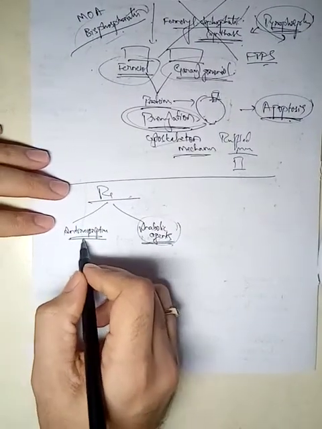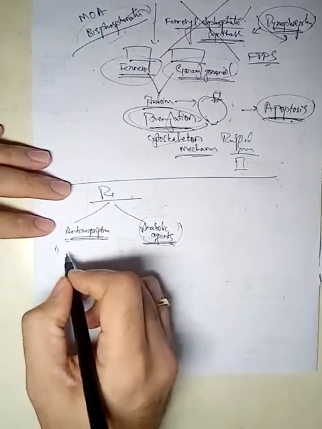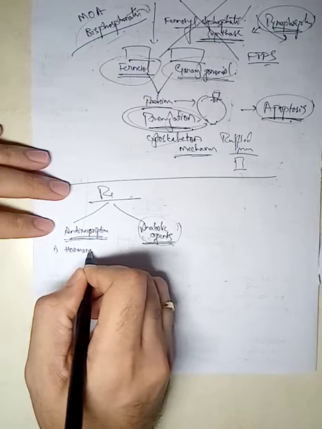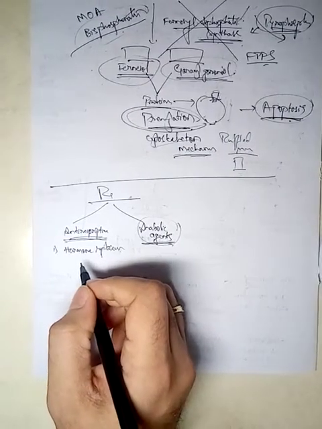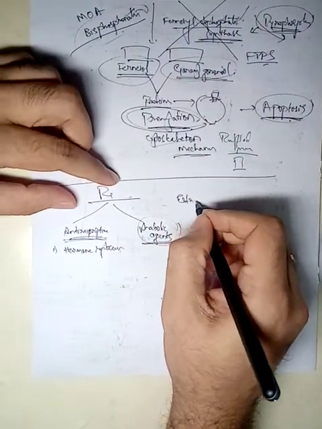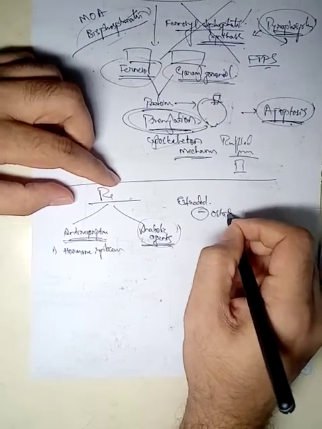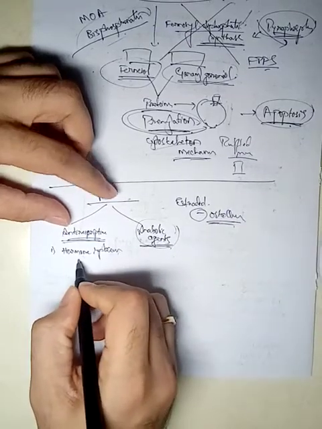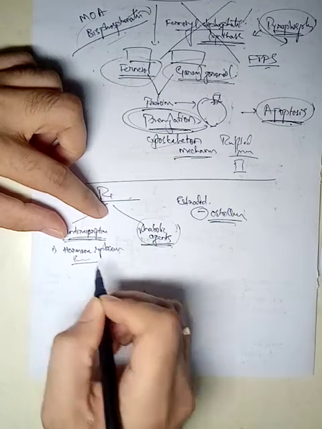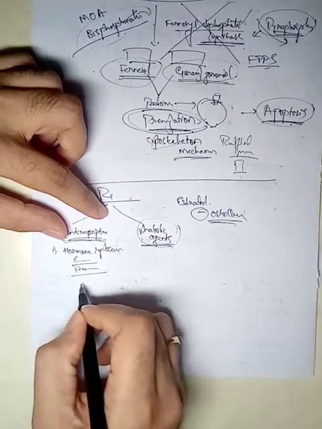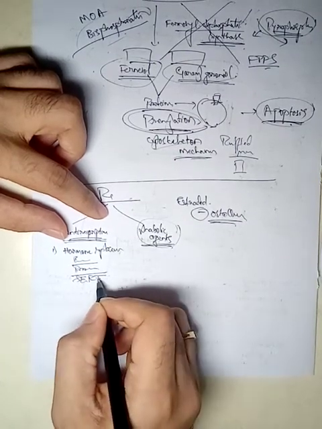Okay, so in anti-resorptive, the one among them is the hormone replacement therapy for a post-menopausal woman, because estradiol is a potent inhibitor of osteoclast. So you can use estrogen derivatives or progestins, or selective estrogen receptor modulators.